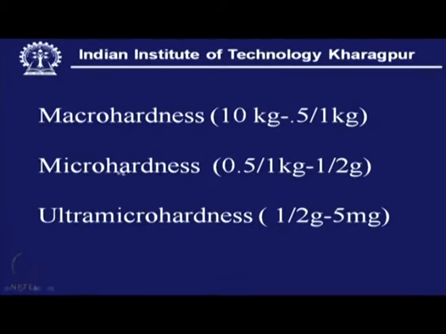So, it is just at the micron level, but quality control can be very well done, and by this process also the surface mechanical hardness value can be very well assessed on an otherwise complete job.